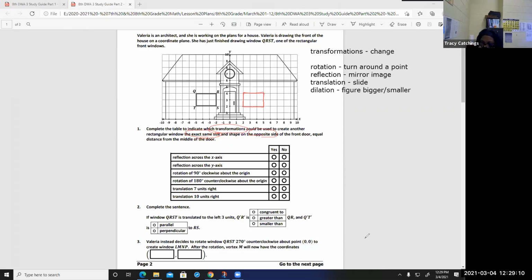Give me 1 second. Let's see. See if I have this one, and this one. First one.